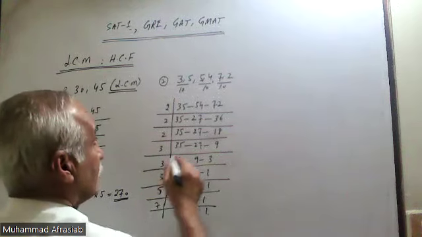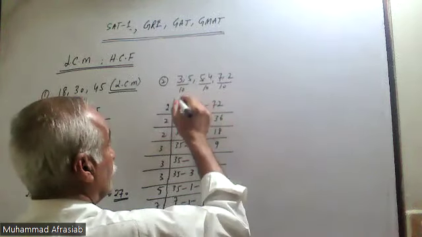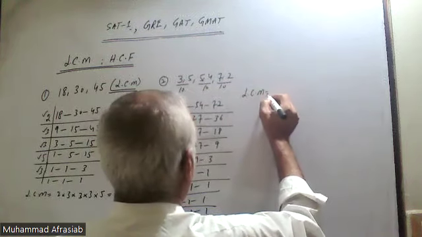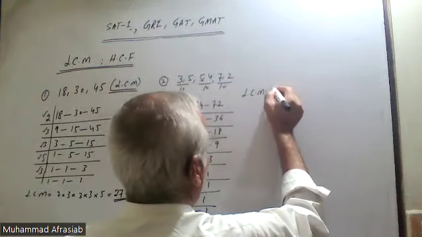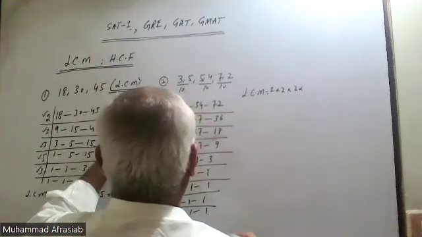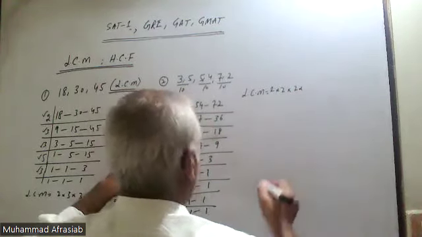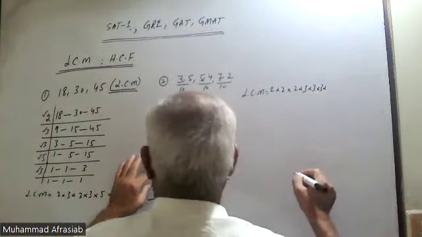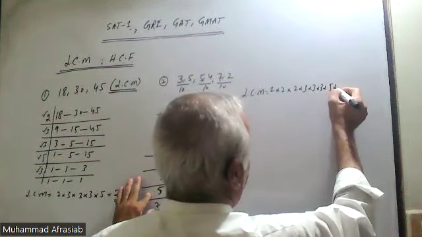So the LCM of these numerator terms is 2 into 2 into 2 into 3 into 3 into 3 into 5 into 7.